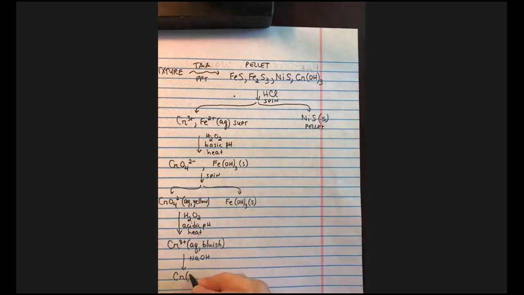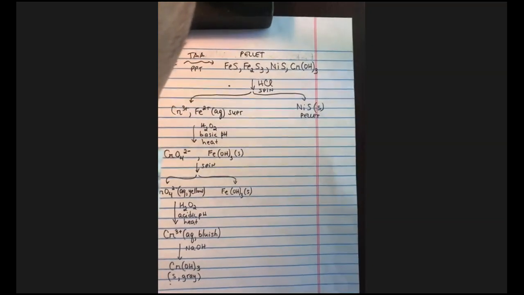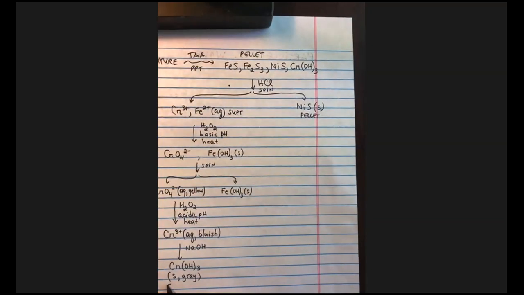We're going to regenerate that chromium 3 hydroxide, which should be kind of a white or gray precipitate. Okay. So that is our confirmation. Pull this up a little bit so we can write here. This is our confirmation.